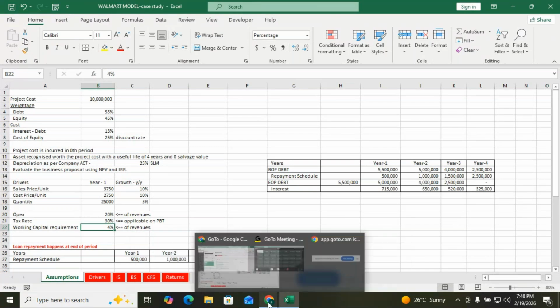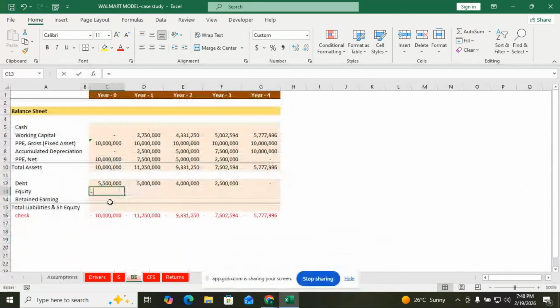So what you can do is equals, into 45. That's it. And for the rest of the years, the amount remains the same.